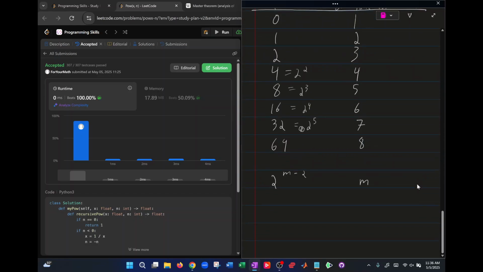And so if you take log base 2, then log base 2 of 2 to the m minus 2 is going to be m minus 2. And then this is going to give you just log base 2 of m.